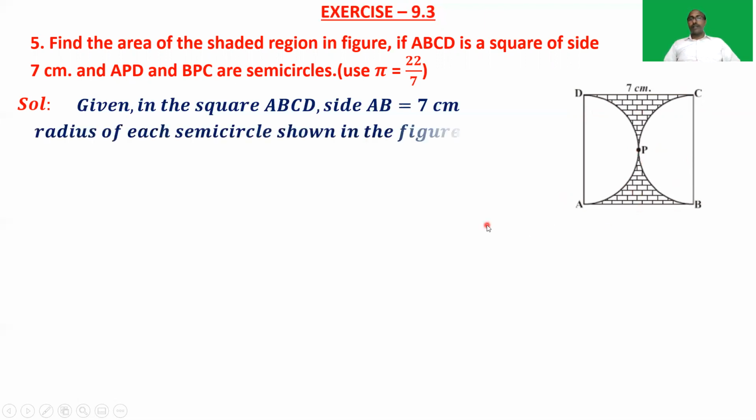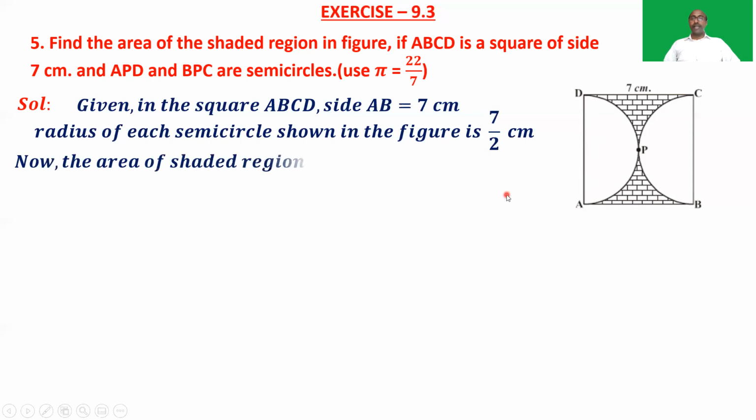Now the radius of each semicircle shown in this figure is 7 by 2 centimeters, because the side of the square is 7 centimeters, so the diameter of the semicircle is 7 centimeters and its radius is half of 7, that is 7 by 2 centimeters.